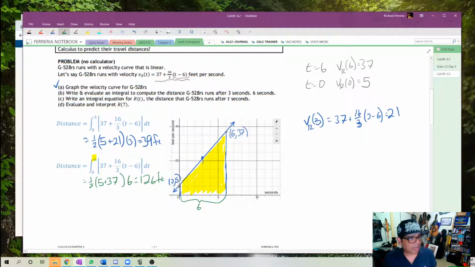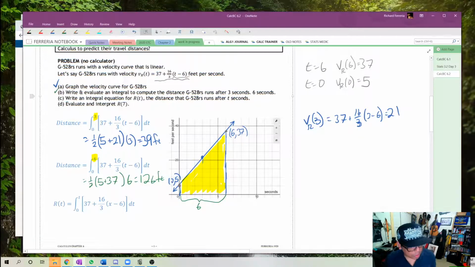Okay, and part C, write an integral expression for RT, the distance that G528RS runs after t seconds. And if you notice the pattern here, the only thing that's changing is this upper number, the upper limit of the integral.